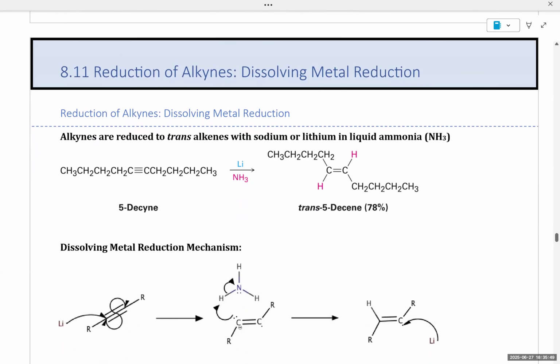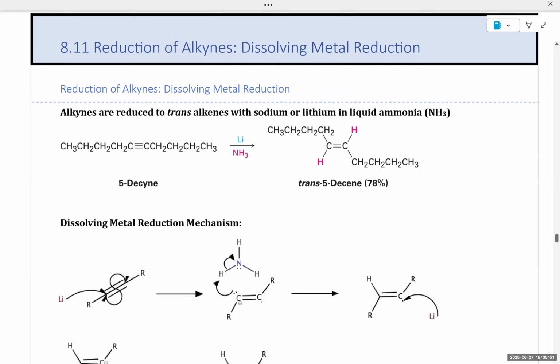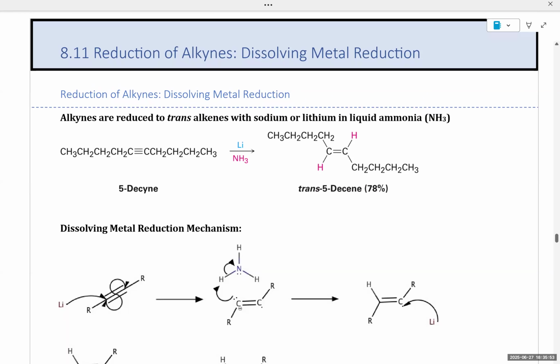Now, in terms of reduction of alkynes, there's another way to reduce alkynes to get a trans alkene. Alkynes can be reduced to trans alkenes via dissolving metal reduction, which entails the use of sodium or lithium in liquid ammonia.